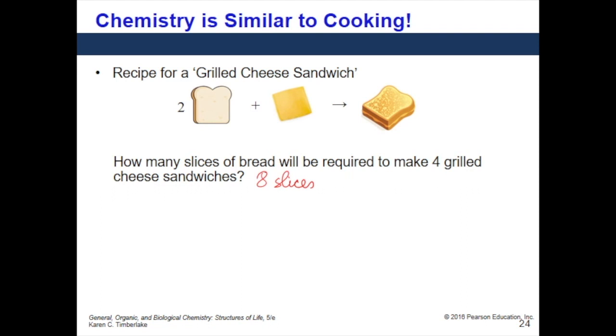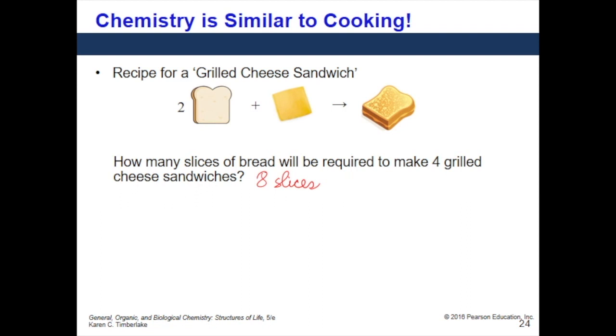How did you come up with this? Very simple. For one sandwich I need 2 slices, so for 4 sandwiches I need 8 slices, right? So you basically just did stoichiometry right now. That's exactly how stoichiometry works. So in this case, what is our chemical reaction that is happening?